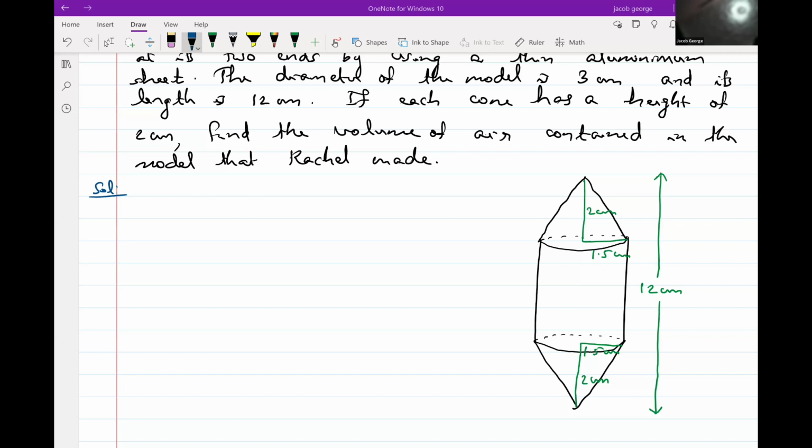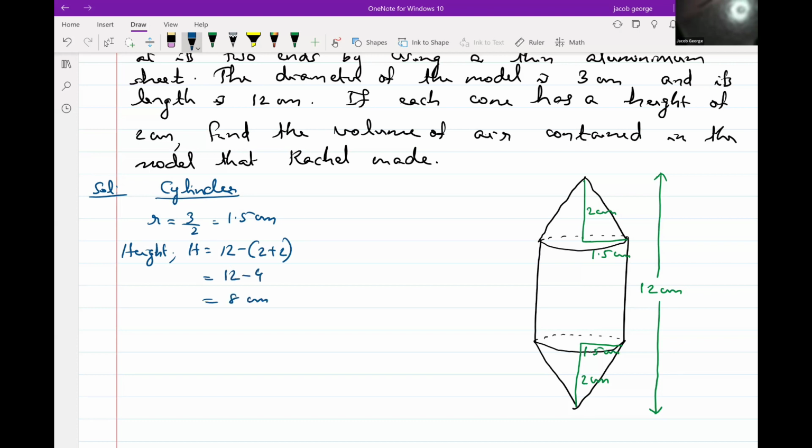Cylinder: radius R is equal to 3 by 2, that is 1.5 centimeters. Height H, I will write capital H for the cylinder because the heights are different. Height capital H is 12 minus of 2 plus 2, that is 12 minus 4, 8 centimeters is the height of the cylinder.